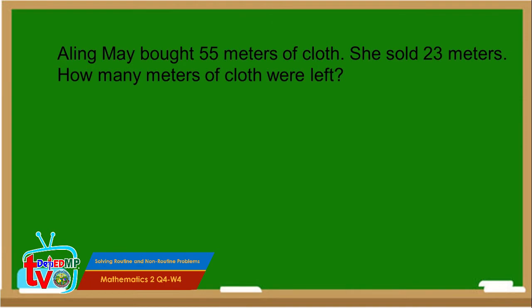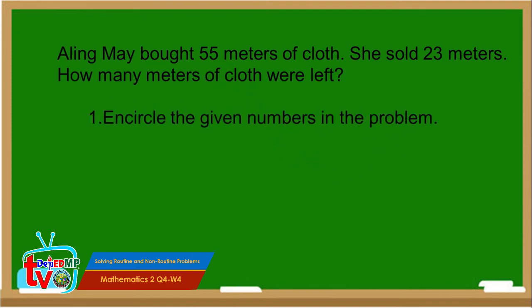Aling May bought 55 meters of cloth. She sold 23 meters of cloth. How many meters of cloth were left? You're going to do what is written in the instruction. So, first instruction is encircle the given numbers in the problem.